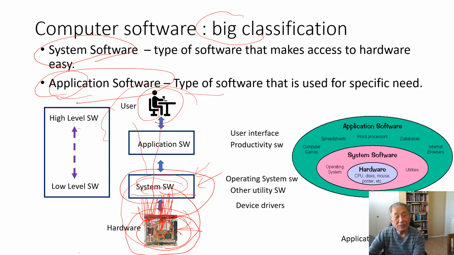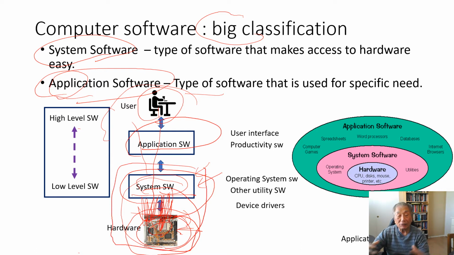Whatever the case, that specific need can be determined later, but the overall infrastructure, the background facility and setting, can be done. That is what is called the hardware and system software.